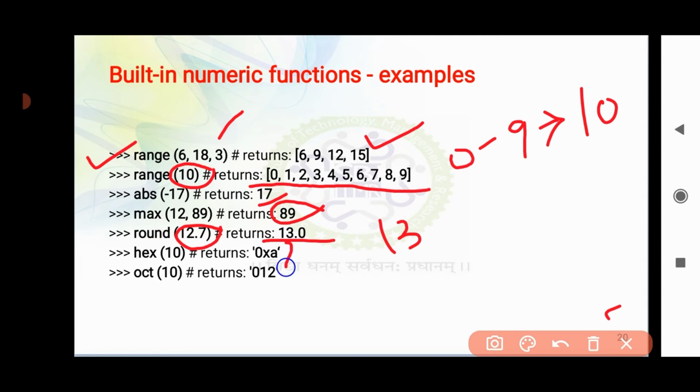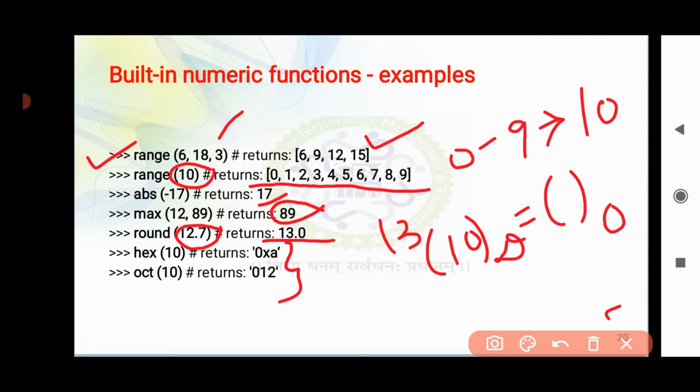Now both these things you have to check. So oct of 10 is the octal for the decimal value 10, that means 10 in decimal converted into an octal number, and the result is 012.